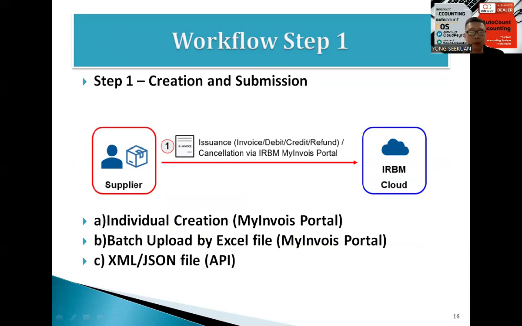If you read their guideline, you will see they mention batch upload in the MyInvoice portal. It means that maybe some users or my customers say, hey, AutoCount or UBS upgrades to the latest version are very expensive. Can I still use the old version without any e-invoicing module?